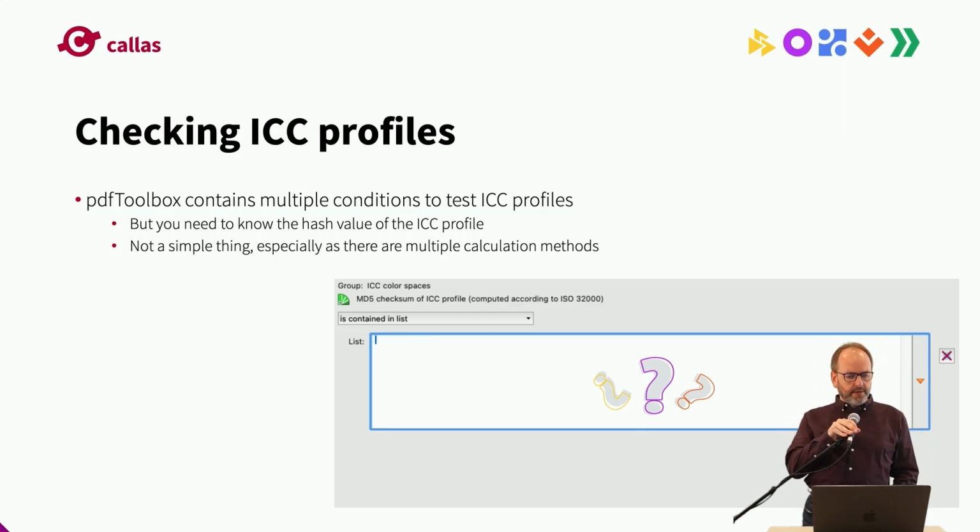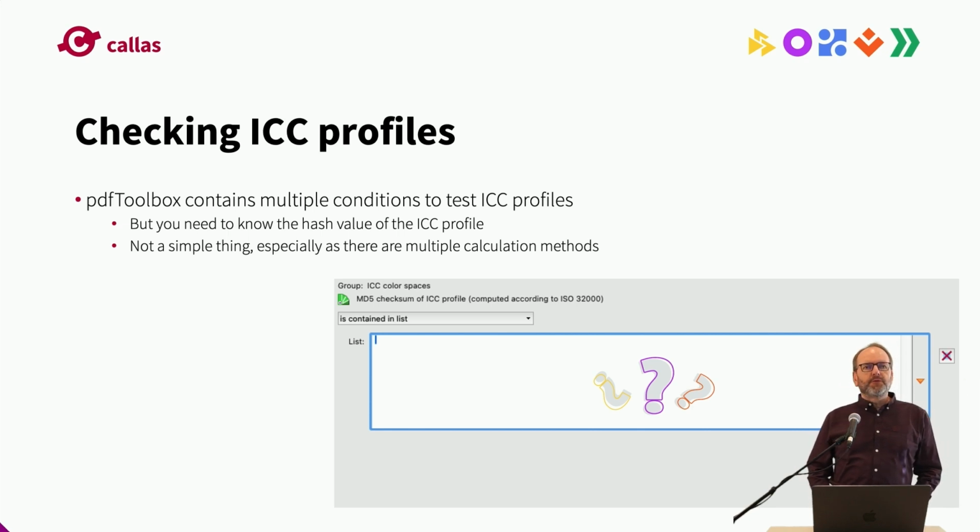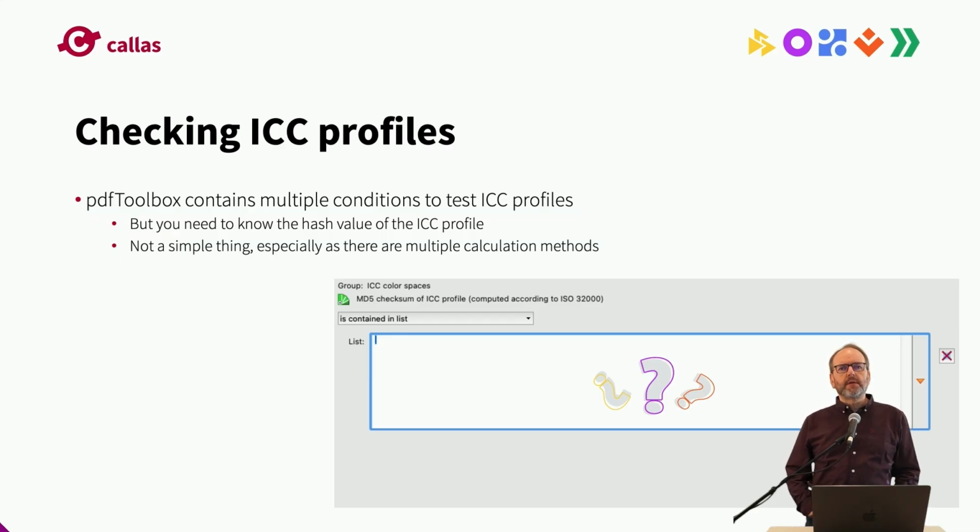Next. There is a very small change, but it can be kind of useful if you have to use it. That's usually the case, I guess. There is a check that you can do on ICC profiles in pdfToolbox. And this was something that at some point even was used in some of the Gantour group profiles. So you may have the question, are the ICC profiles in the PDF that I'm processing the correct ICC profiles?